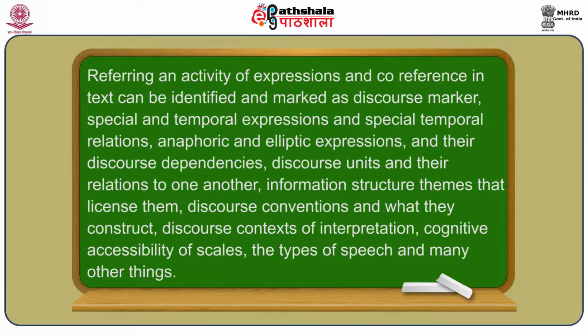Spatial and temporal expressions and spatial temporal relations, anaphoric and elliptic expressions and their discourse dependencies, discourse units and their relations to one another, information structure themes and themes that license them, discourse conventions and what they construct, discourse contexts of interpretations, cognitive accessibility of scales like animacy, non-animacy. The types of speech like direct, indirect, free indirect, and many other things.